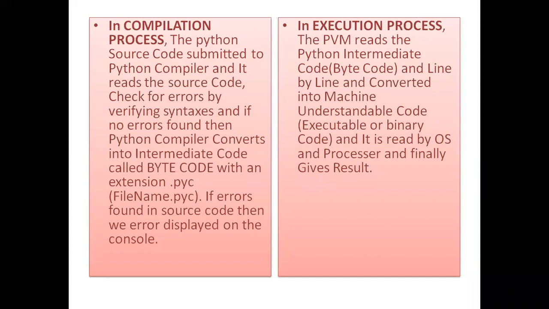Second is the execution process. In the execution process, the PVM reads the Python intermediate code, the bytecode, line by line. It reads the code line by line and converts it into machine understandable language. What is machine understandable language? It is binary code. Whatever we write in the computer is always converted into binary. It is read by the OS and processor and finally gives results.